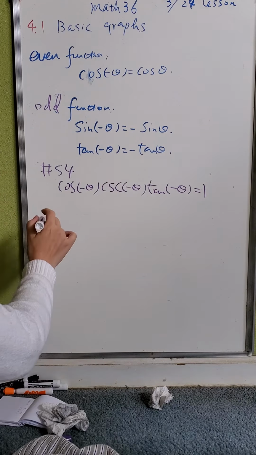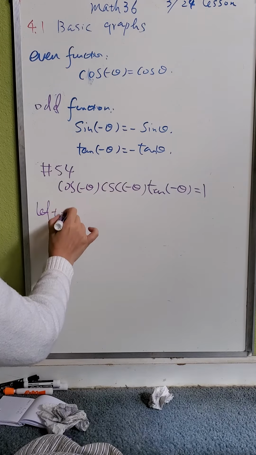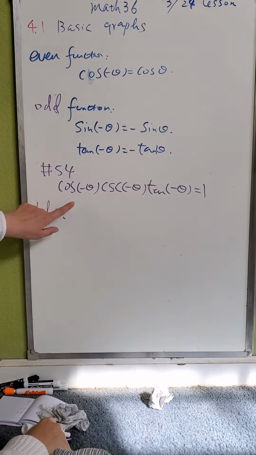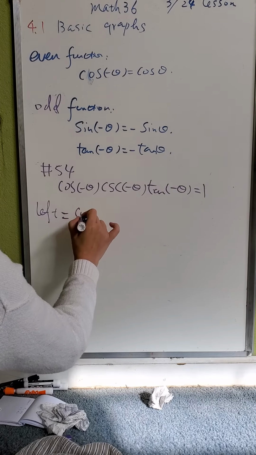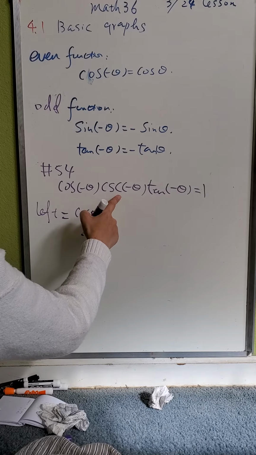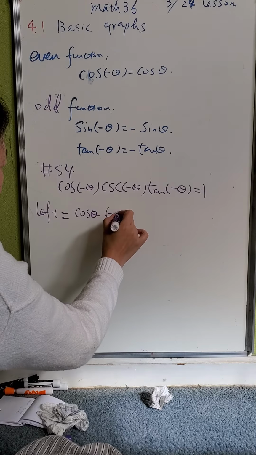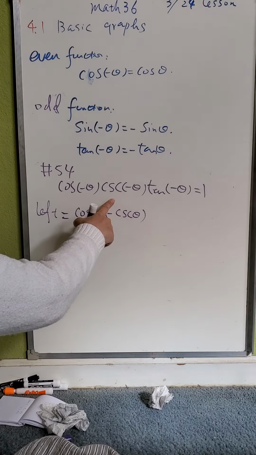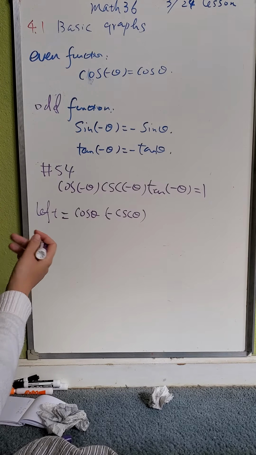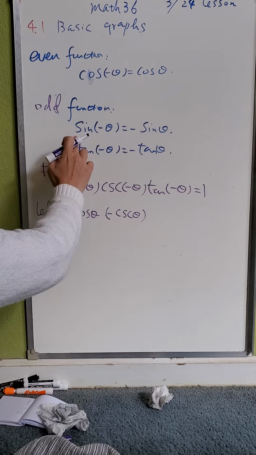So we're going to use the property on the top, okay? Cosine negative theta is same as cosine positive theta. Cosecant negative theta is same as negative cosecant theta, because cosecant is the reciprocal of sine, okay? So they behave just like sine.